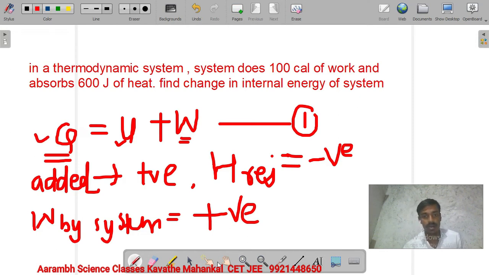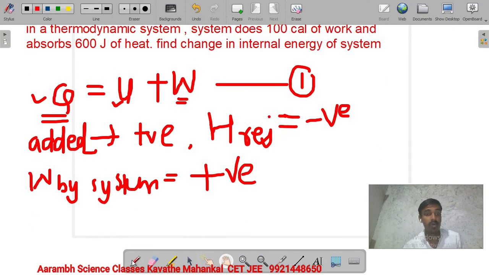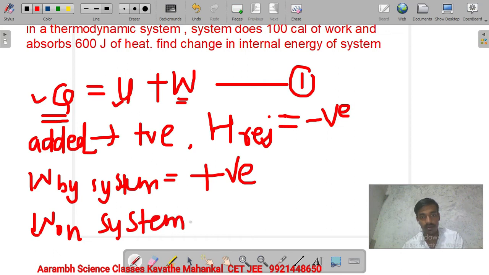Or if the work is done on the system, you have to take it as negative. So these are the sign conventions you have to use in the above question.